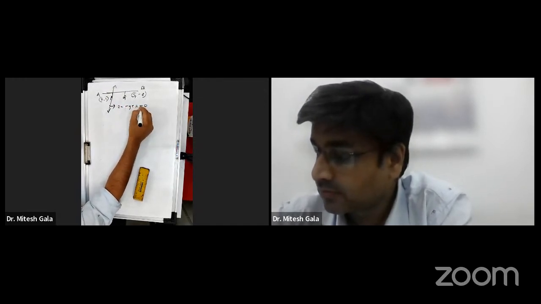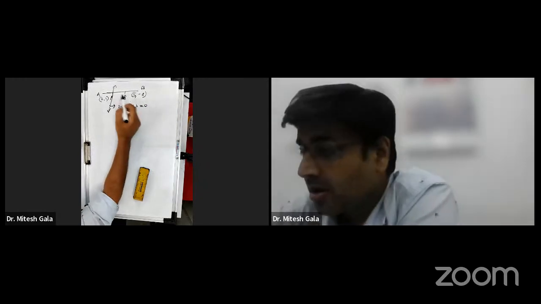Also find the coordinates of point Q. So first find the coordinates of point P by the ratio 1:2.